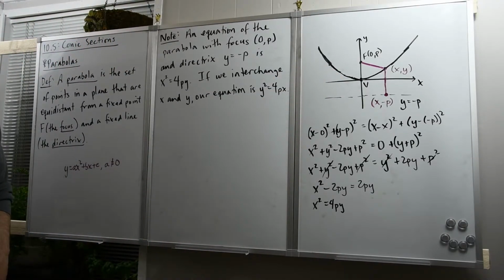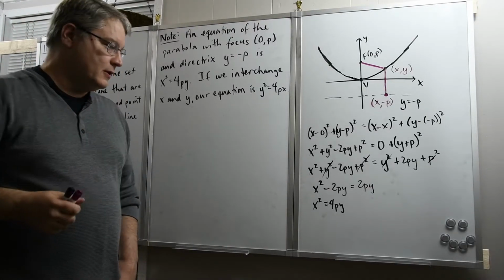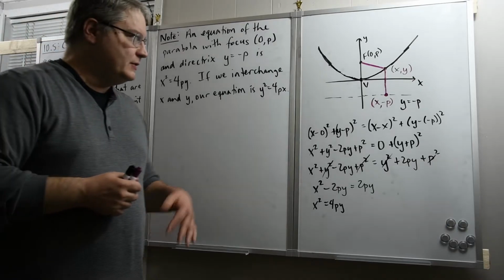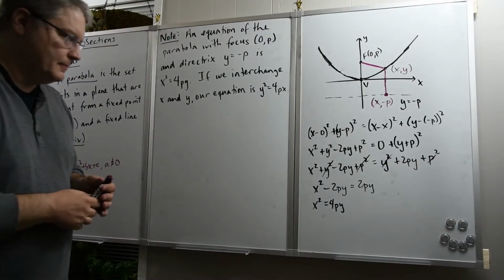It's not always the case, obviously, that the vertex for our parabola will be at the origin. So let's suppose that our vertex is at h comma k instead.